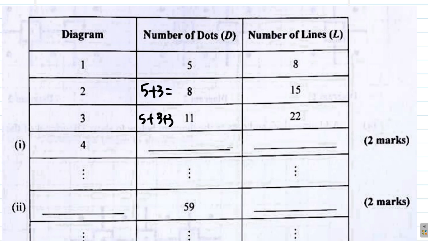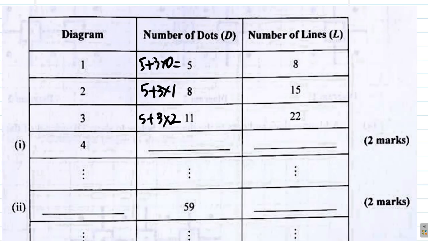Now, you can consider this to be 5 plus 3 times 2. And this is 5 plus 3 times 1. And this is 5 plus 3 times 0. 5 plus 3 times 0 is 5. 3 times 1 plus 5 is 8. 3 times 2, 6 plus 5 is 11.